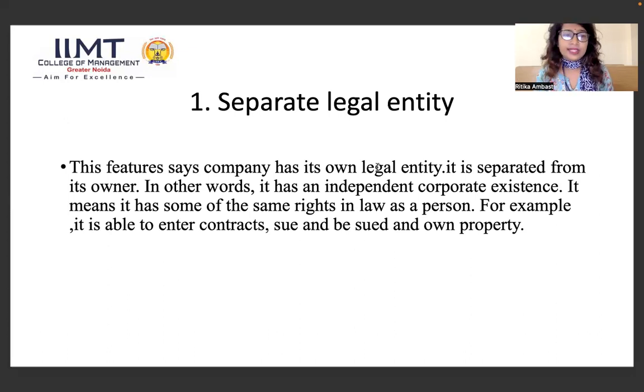For example, it is able to enter into contracts, it can be sued, it can sue, and it can own property. The owner has invested money in starting the business, but the company is different. It is separated from its owner.